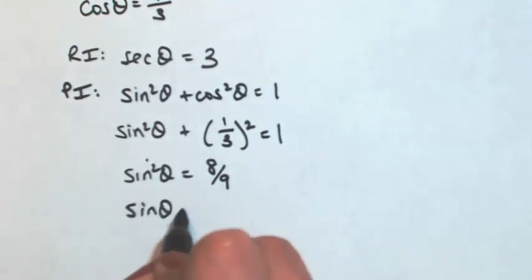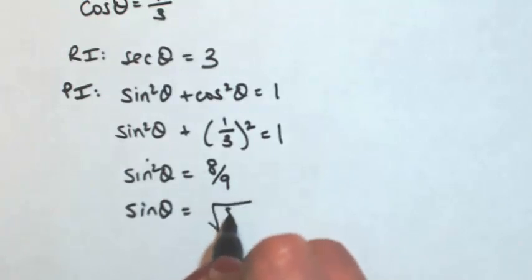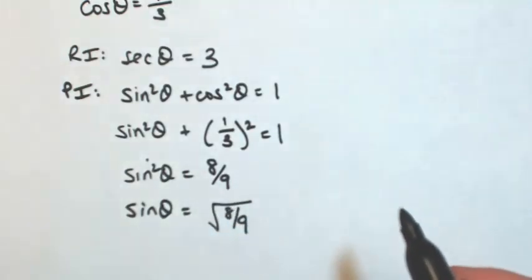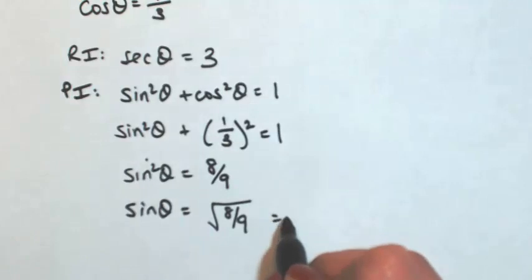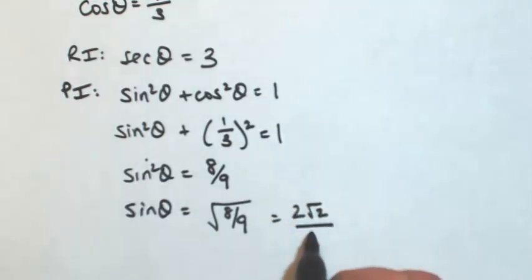Sine of theta technically is plus or minus, but remember this is an acute angle, so it's going to be positive. Okay, square root of top and bottom, so I end up with square root of 8, which is 2 square root of 2, over square root of 9, which is 3.